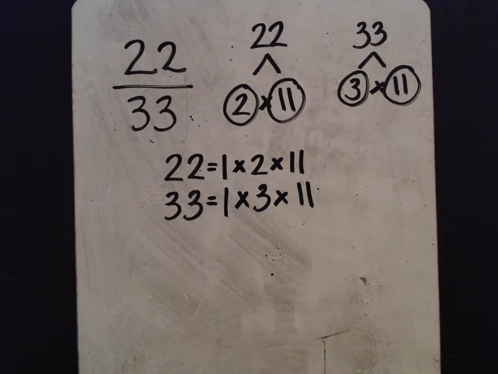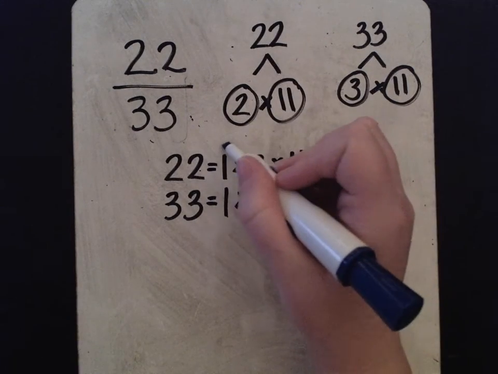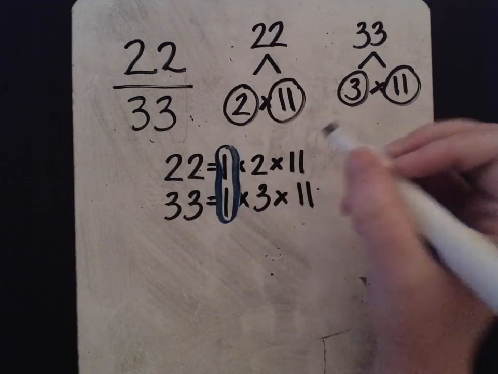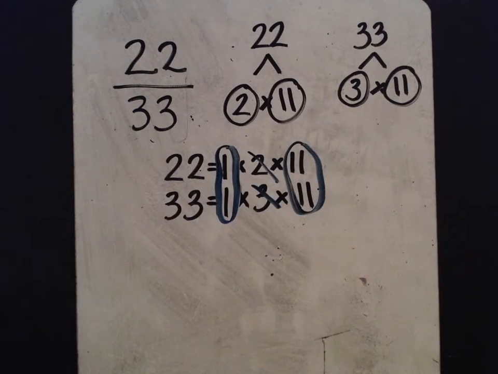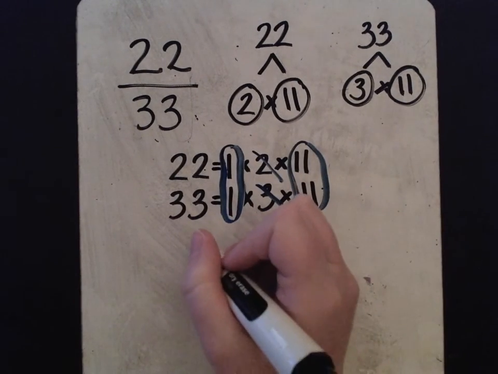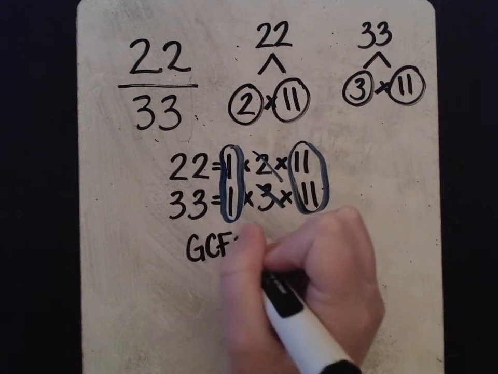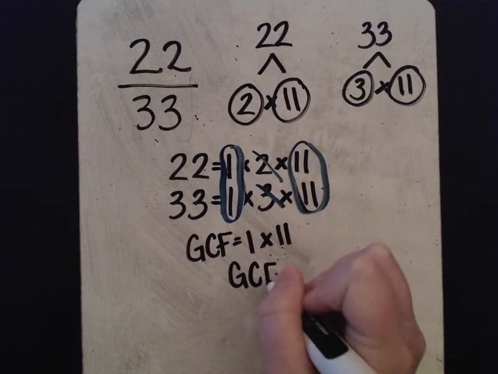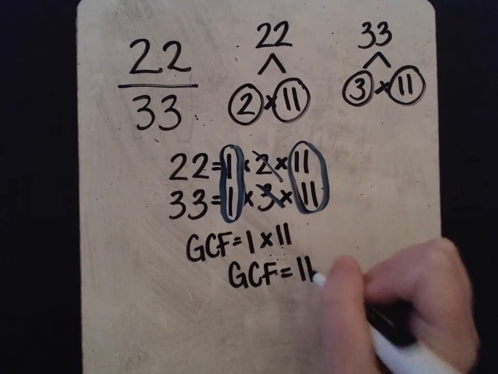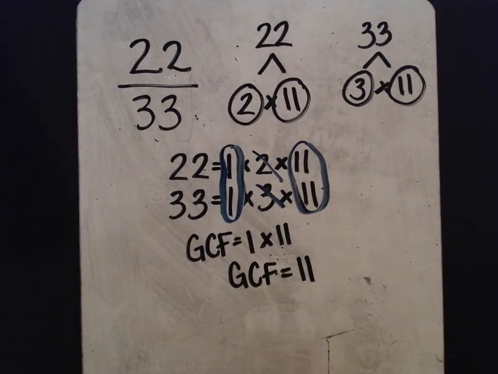To find your GCF, you circle the pairs you have in common. So I have a pair of 1s, then I have a pair of 11s, and now I can make my list. So I pull out 1 from each pair, so GCF equals 1 times 11. So GCF equals 11. That's step 1.